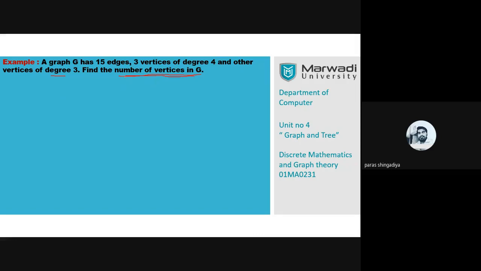So how can we prove that? We will use the first theorem concept, the first theorem of graph theory. And what is the statement? The sum of i from 1 to n of degree of vi is equal to 2 times the number of edges.